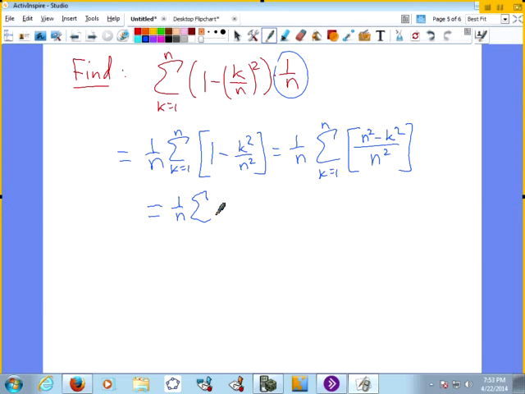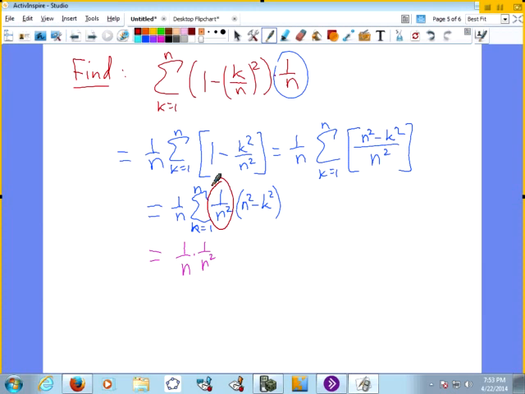which I can think of as 1 over n, k going from 1 up to n. That thing in the brackets can be written as 1 over n squared times n squared minus k squared. That's 1 over n times 1 over n squared, because you see at this point, n doesn't change from term to term. It's a common factor.